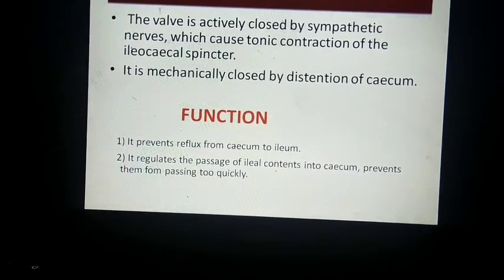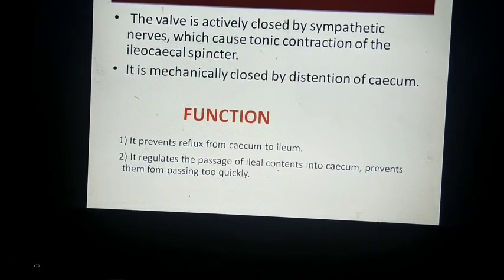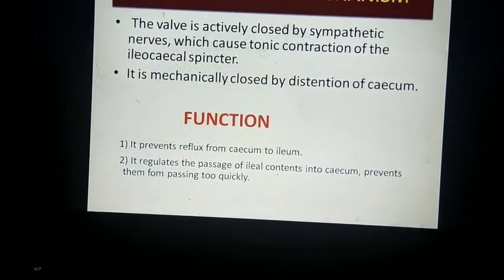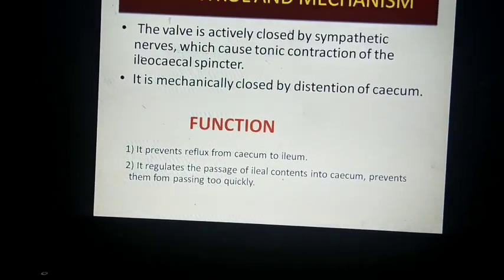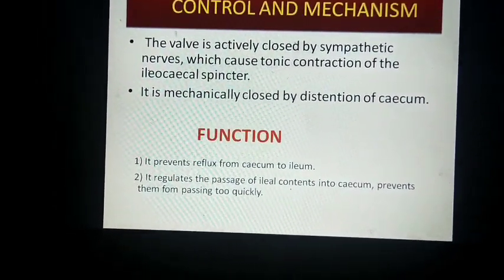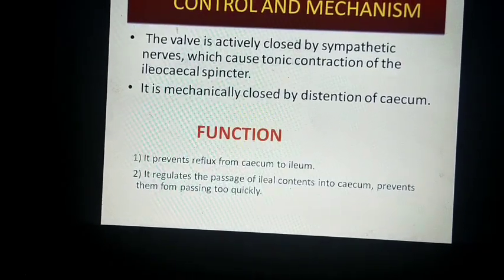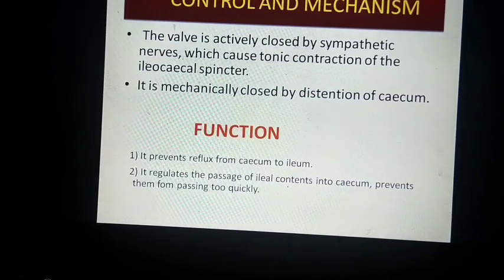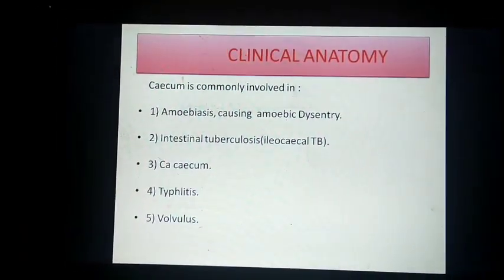It regulates the passage of ileal contents into the cecum, preventing them from passing too quickly. Because of that, tuberculosis of the ileocecal junction, or terminal part of the ileum, is very common.